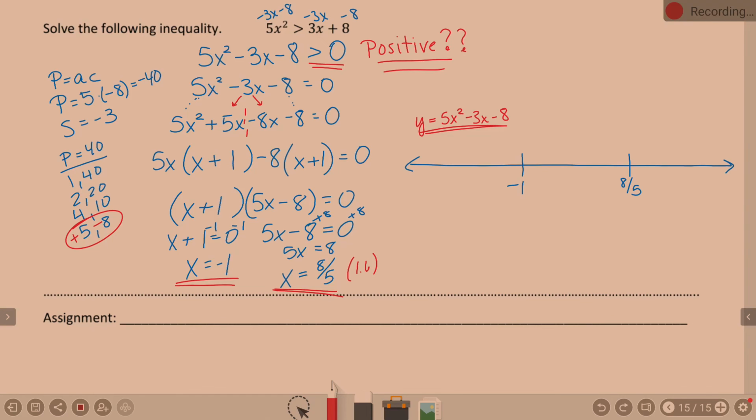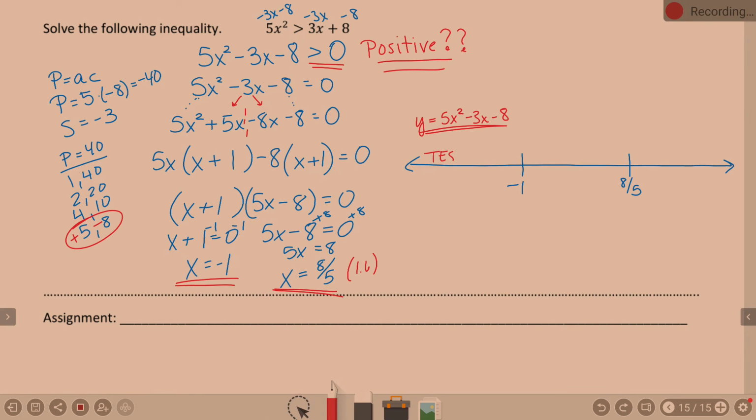So the equation, once we got it, equal to 0. I'm not saying you have to write down your test values. It's just helpful for when you go back and look at notes. What do you want to test to the left of -1?